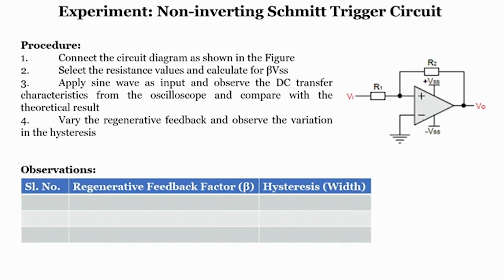Then you have to select the resistances R1 and R2 and calculate beta into VSS, apply a sine wave at the input voltage and observe the DC transfer characteristics from the oscilloscope and compare with the theoretical results. Vary the regenerative feedback and observe the variation in the hysteresis. So, the observations are still the same. You apply a regenerative feedback, you look at the hysteresis.